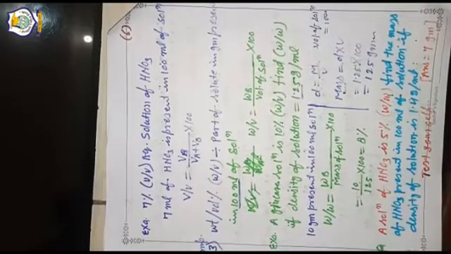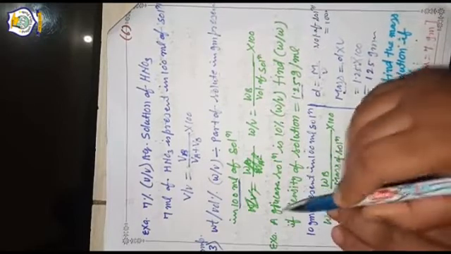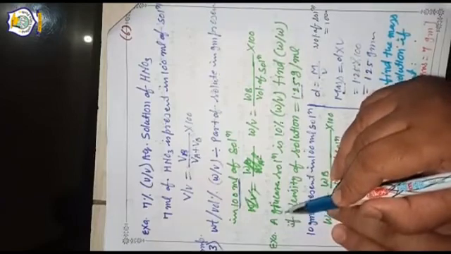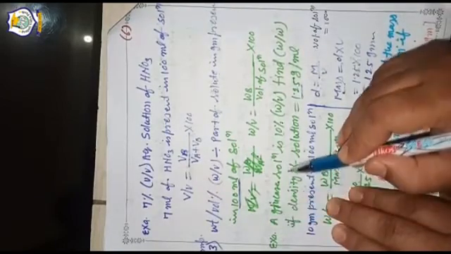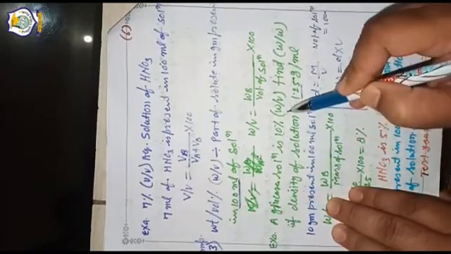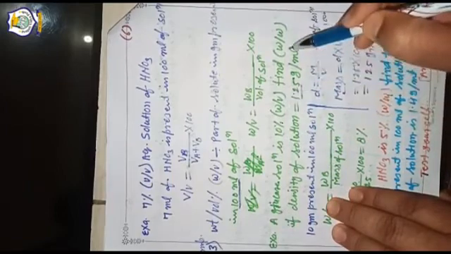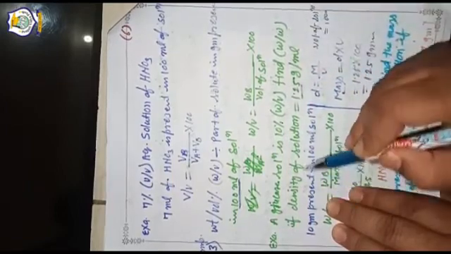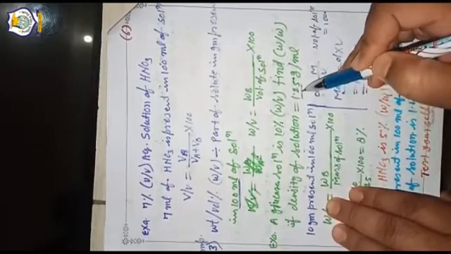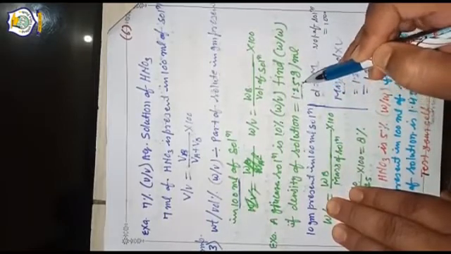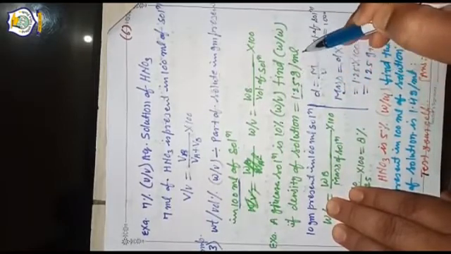Now let us solve some questions. First question is, a glucose solution is 10% W upon V. Find W upon W if the density of solution is 1.25 gram per ml.